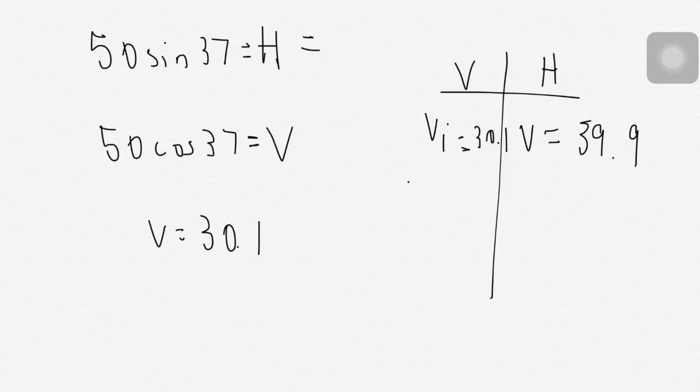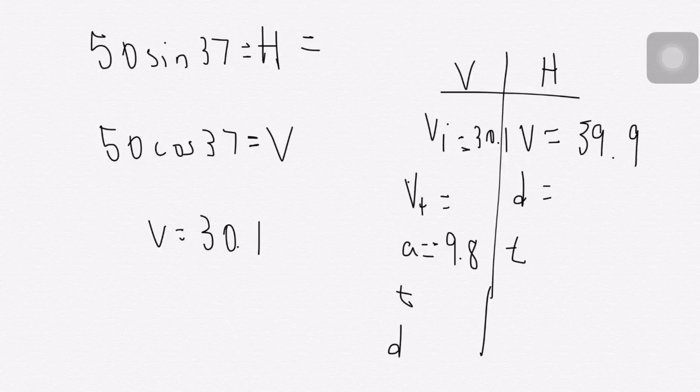Now the other variables we need to find are velocity final, acceleration, the time, and the distance or the height. We know that the acceleration due to gravity is negative 9.8. One equation we can write to find t is velocity final equals velocity initial plus acceleration times time.